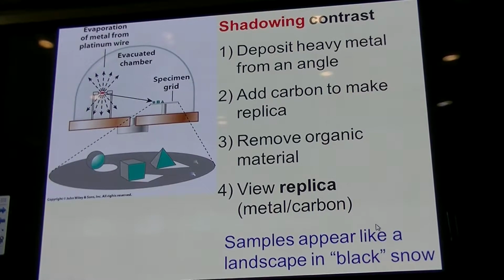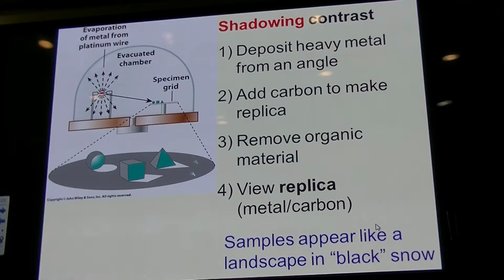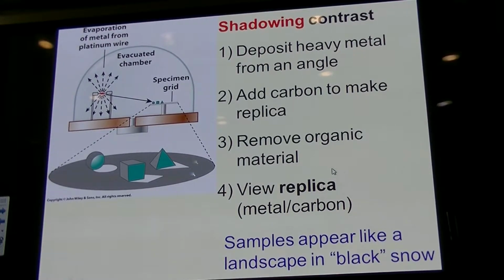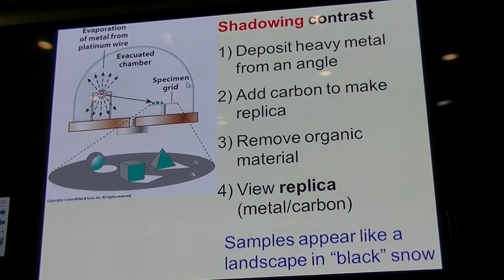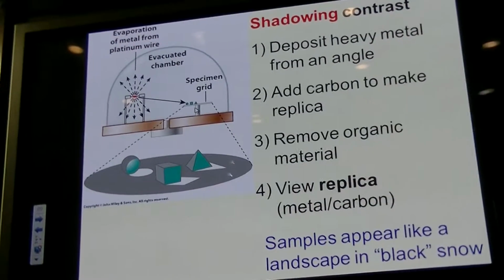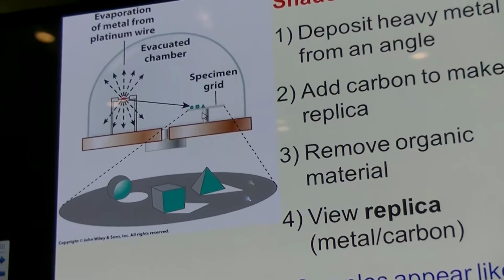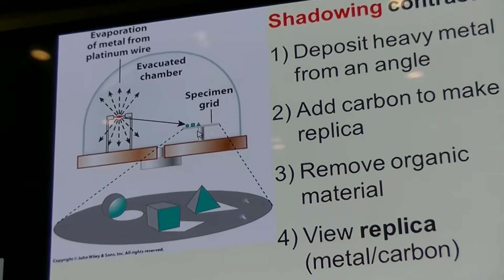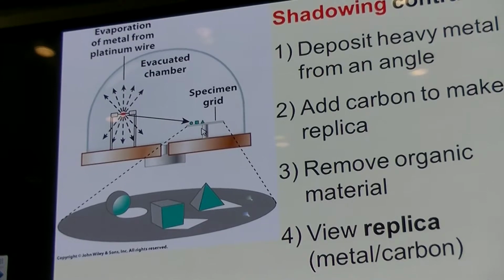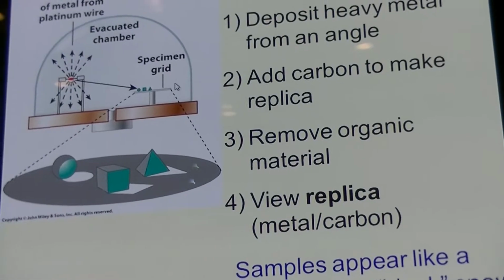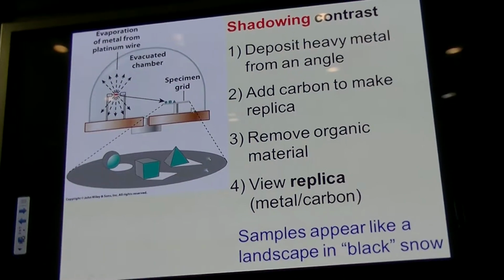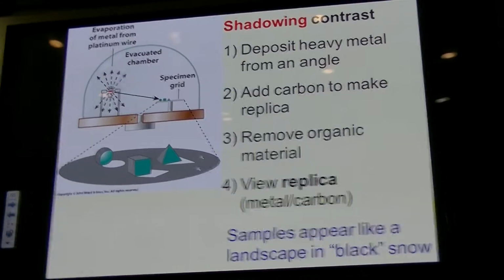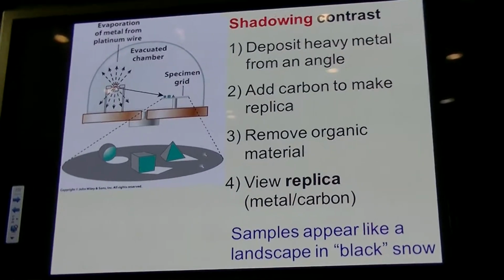Okay, the next method is shadowing. What do you do in shadowing? In shadowing, we have our specimen, and we put it in a chamber, and the specimen has to be fixed, and it can be done in one of two ways. Either we keep it very cold, or it can be chemically fixed. So then we have a vacuum in our chamber, and we have a source here of heavy metals.